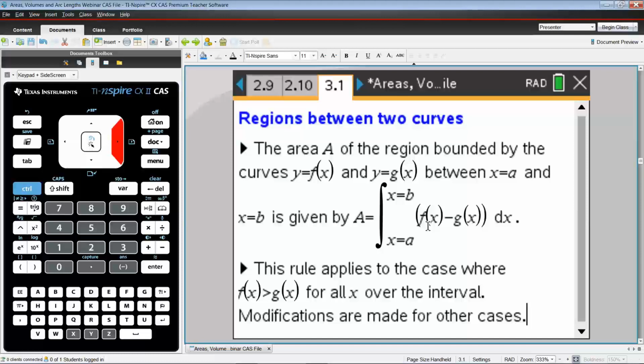If g of x is above f of x, then you simply swap the order of that. Okay, so this rule applies to the case where f of x is greater than g of x for all x in the interval from a to b. And of course modifications happen for other cases.